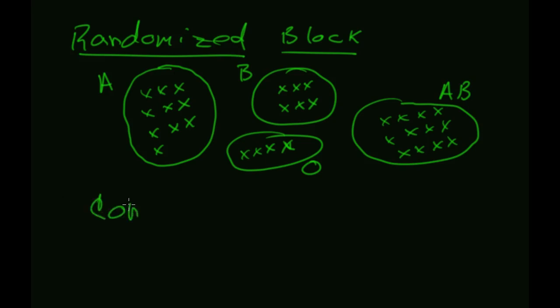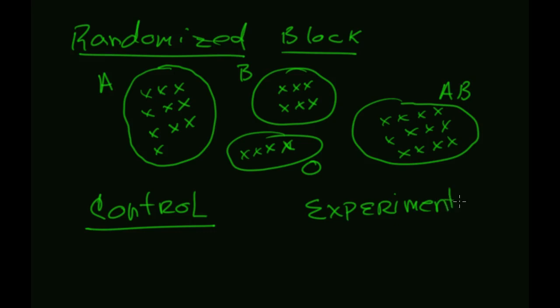So I need a control group, and I need an experimental group. And I believe that there's the possibility that the treatment might affect different blood types differently. So what I'm going to do is I'm going to do random selection within the groups. So this group has 3, 6, 9, 10.